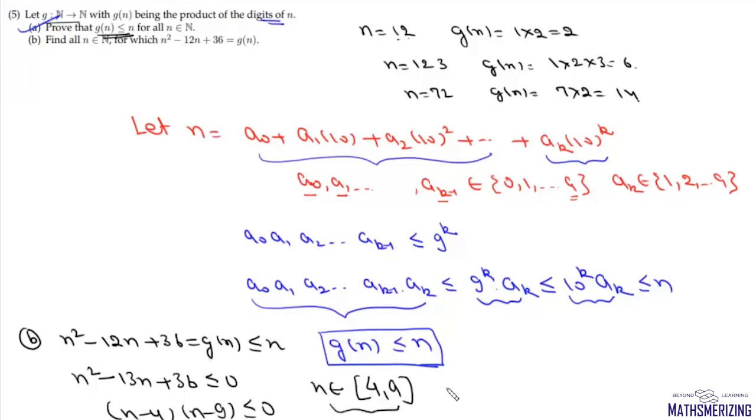Now in this interval, we know that it is a single digit number. And if it is a single digit number, then the value of gn is simply n. So if we take gn as n, then we'll get equality here. So that means we'll get only two values of n, and they are n equals 4 and n equals 9. And that is the answer to this question.